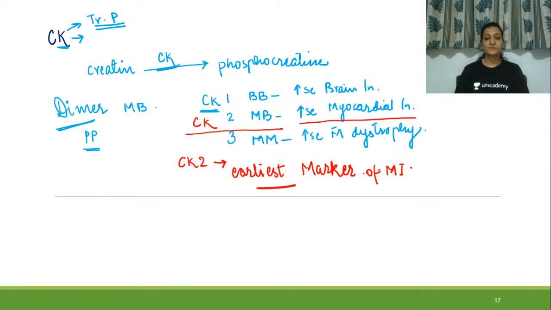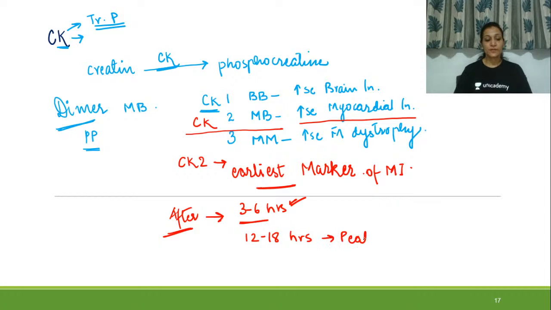Very important. And when does this enzyme concentration increase? Just after the attack, it will start increasing and it will be detectable at 3 to 6 hours, and then the peak is attained at 12 to 18 hours, and it becomes normal in 36 to 48 hours.